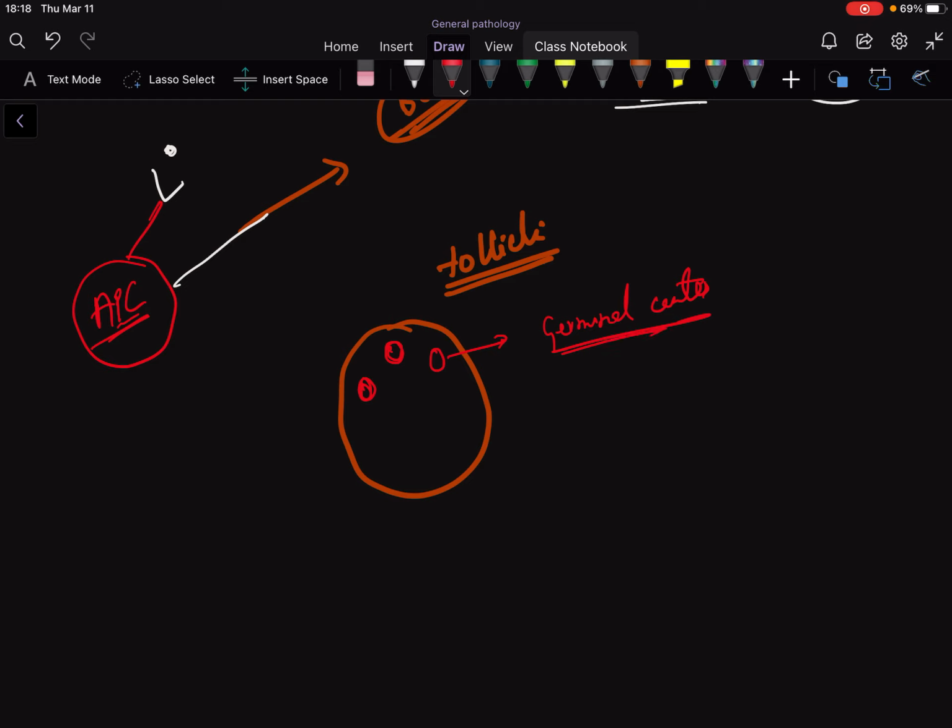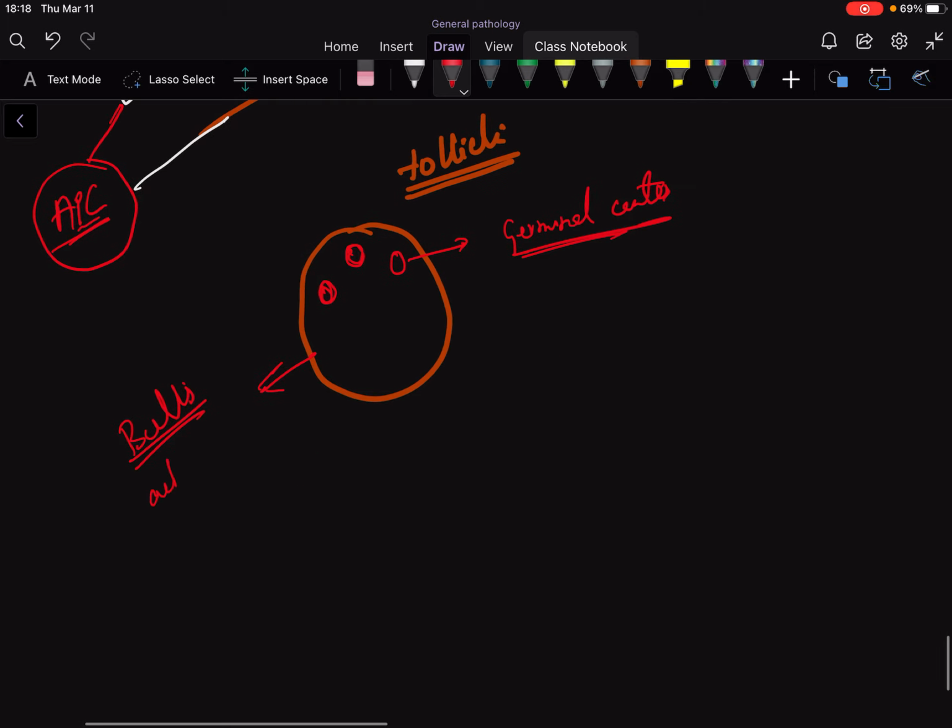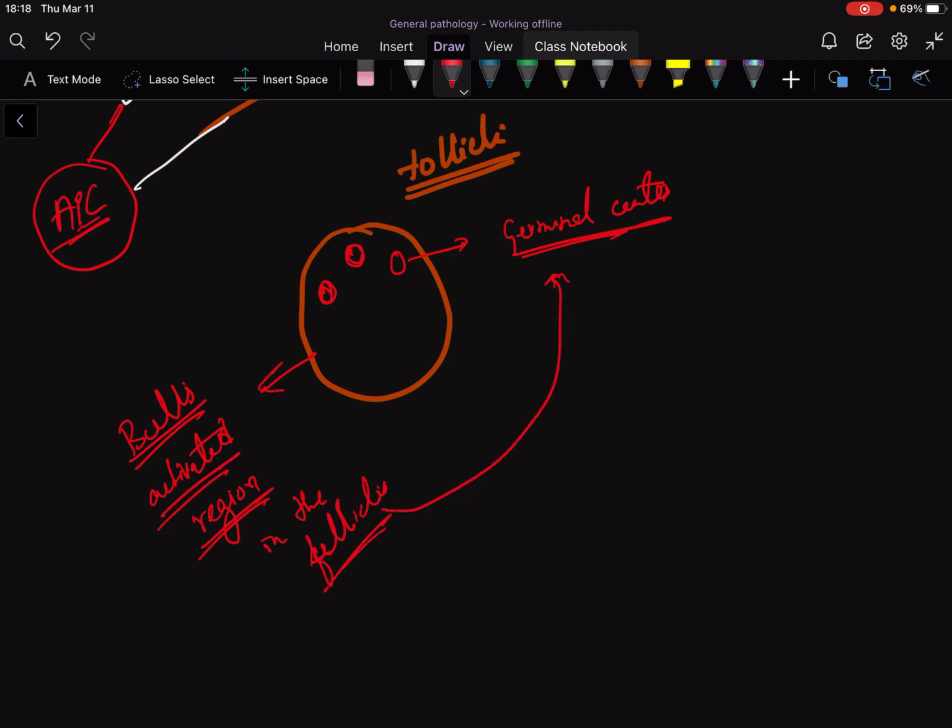Germinal center is nothing but the follicles where B cells are activated. The B cells activated region in the follicles is called the germinal center.